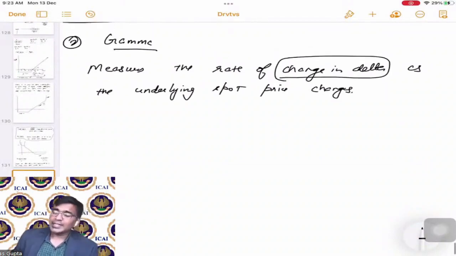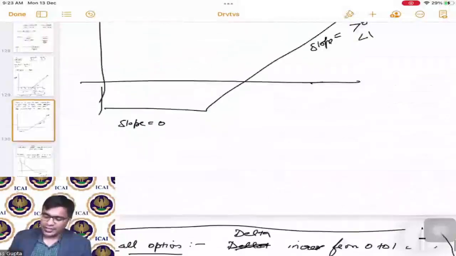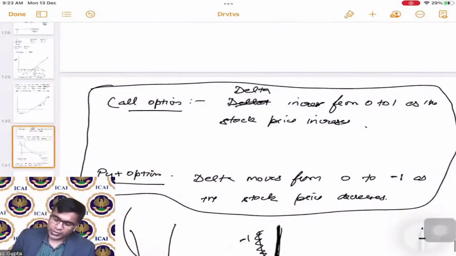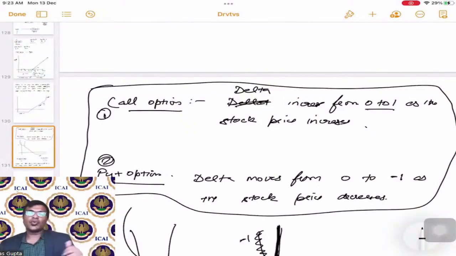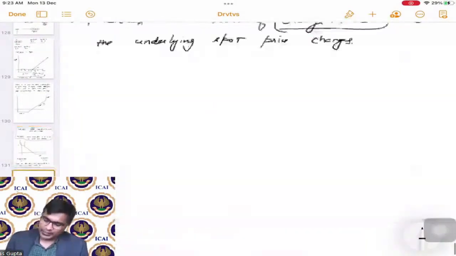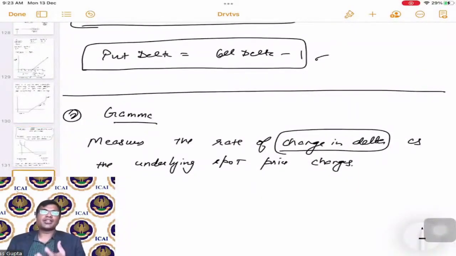Now, we know that delta also moves, correct? With these two conclusions, conclusion number 1 and 2, we know that delta also changes from 0 to 1 or 0 to -1 in case of a call or a put option, correct? So this gamma measures the rate of change in delta itself.